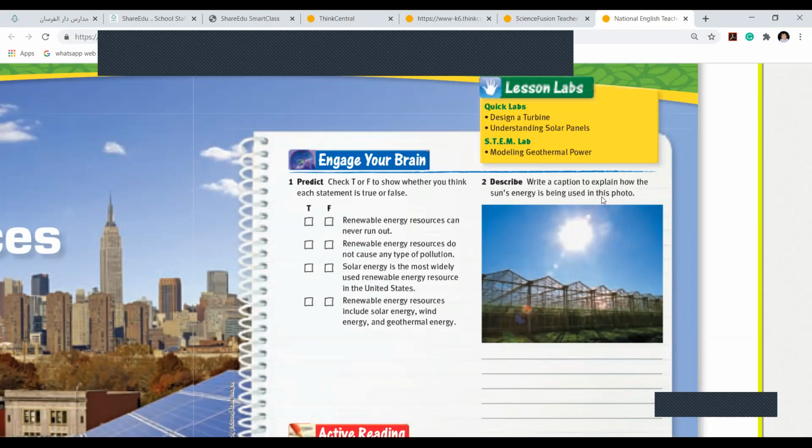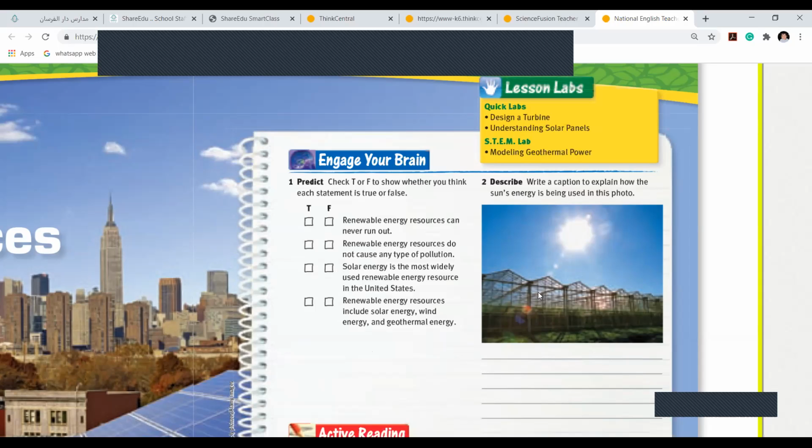Now, who can explain how the sun's energy is used in this photo? What happens in this photo? Who can explain this? Anyone, what is happening in this photograph?